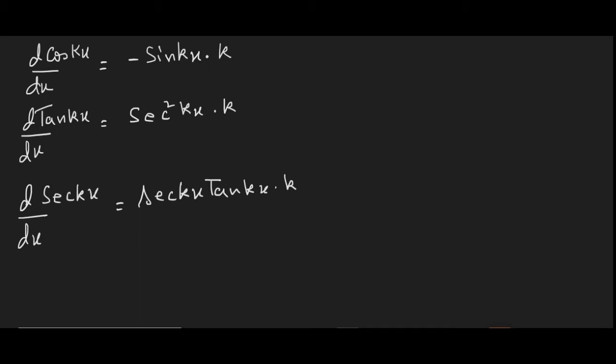K is actually in all the trigonometric functions considered as the constant value of the angle. D by dx of cot kx is equal to minus cosecant square kx into k.